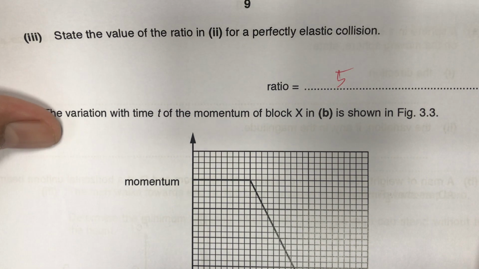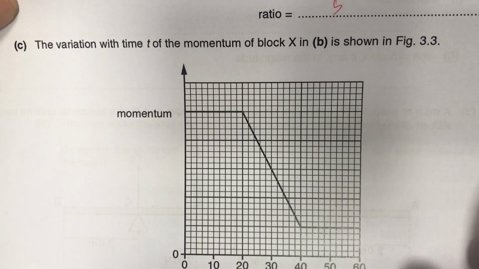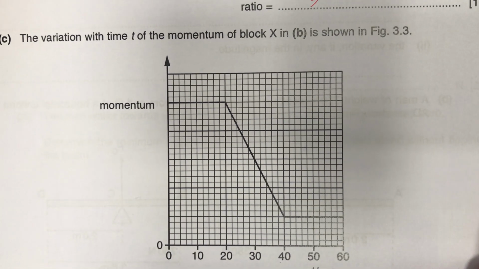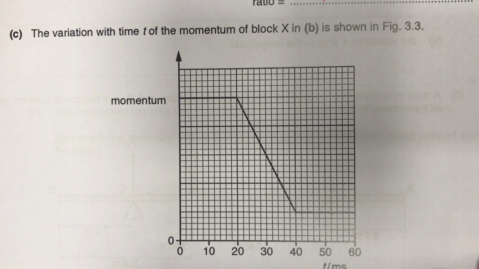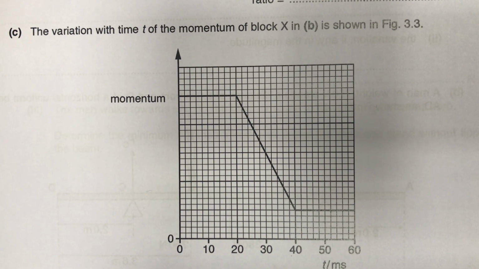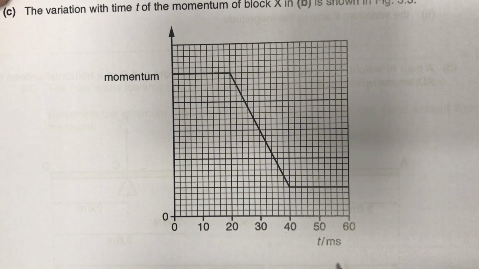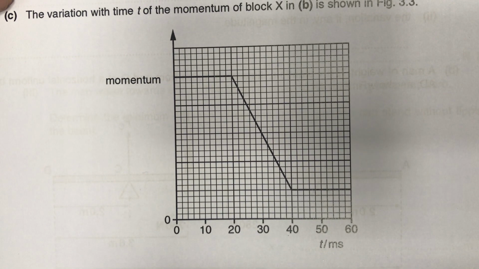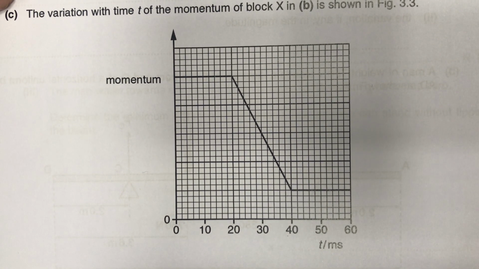The variation with time t of the momentum of block X in B is shown in figure 3.3. This is momentum, and this is time in milliseconds. Block X makes contact with Y at the time t equals 20 milliseconds.